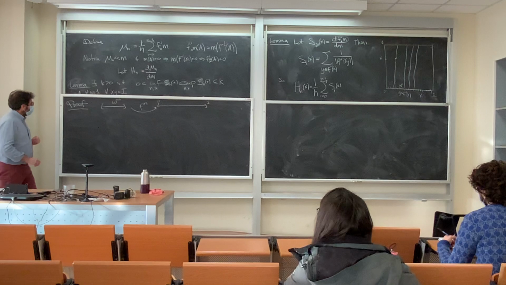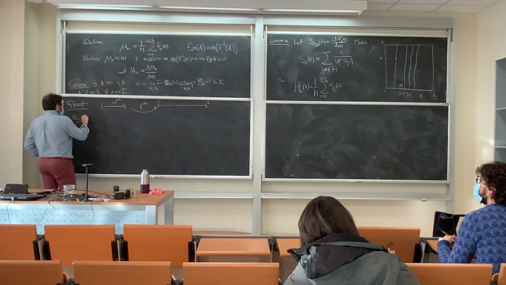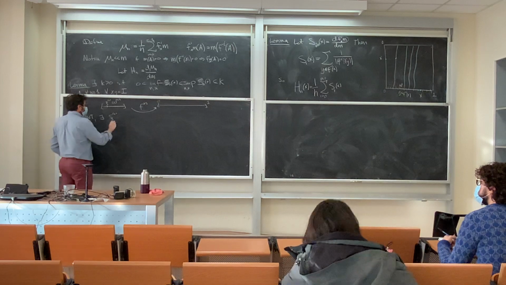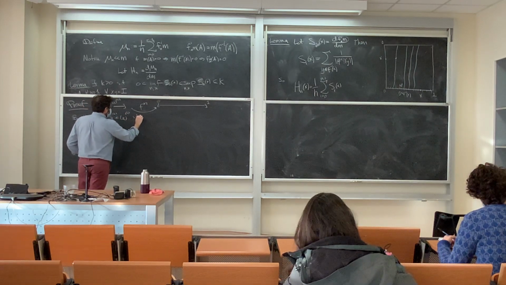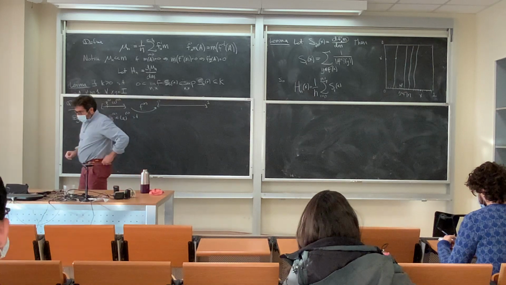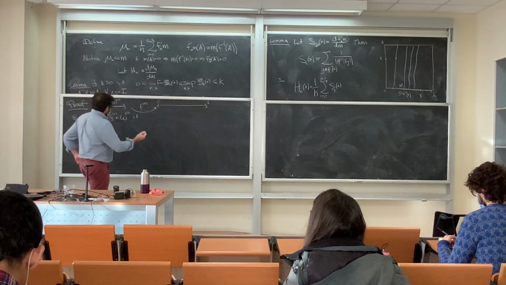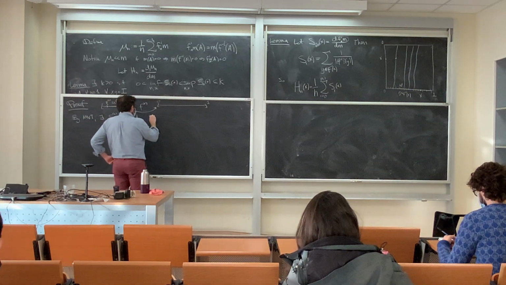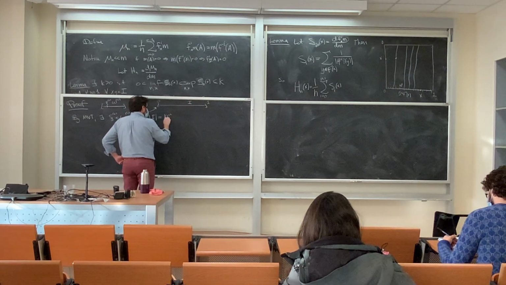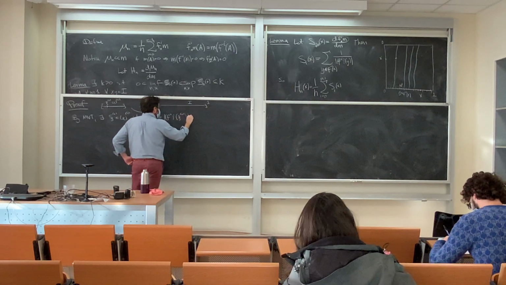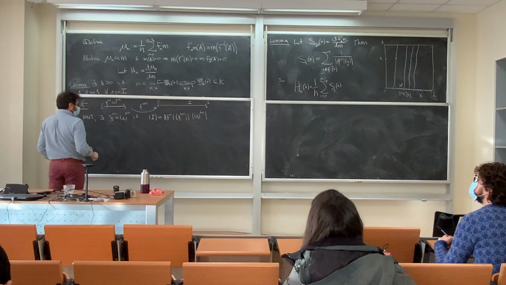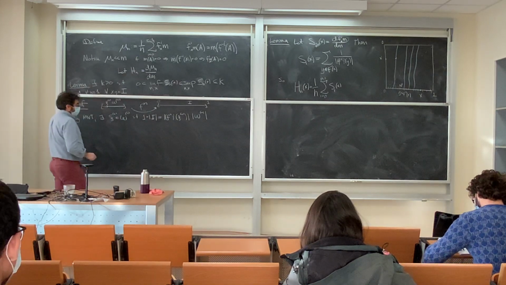So by the mean value theorem, there exists some psi_n in omega_n such that this ratio, this is the interval I. The size of I is equal to the derivative at psi_n times the size of omega, and this, of course, is equal to 1.